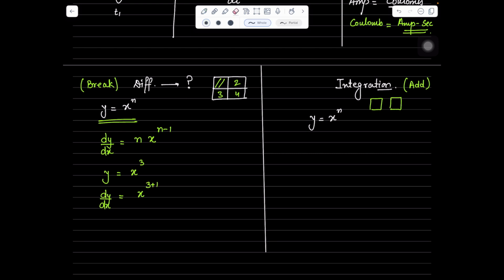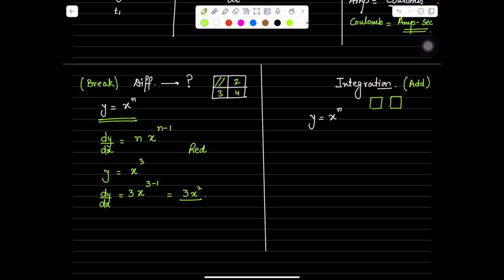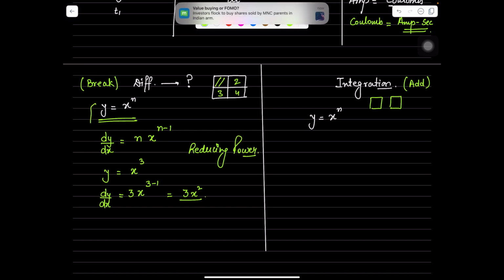Sorry, not this one, 3 minus 1, and power 3 is shifted. So what is your answer? 3x square. So you are reducing the power. Clear?